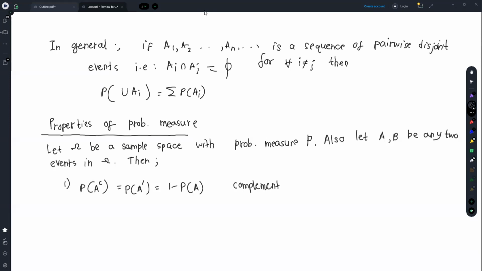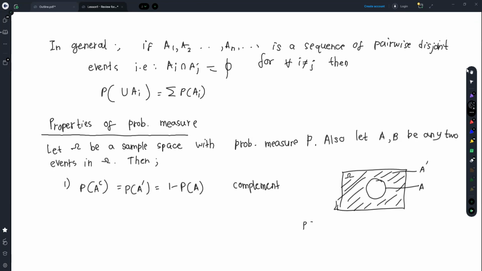Right. So if you use a Venn diagram, here's our sample space. And if I define this circle as A, then A's complement will be everything in omega but outside A. Right? So when you calculate the probability, we know the probability of the whole sample space is 1. So A union A's complement makes the whole sample space, right?